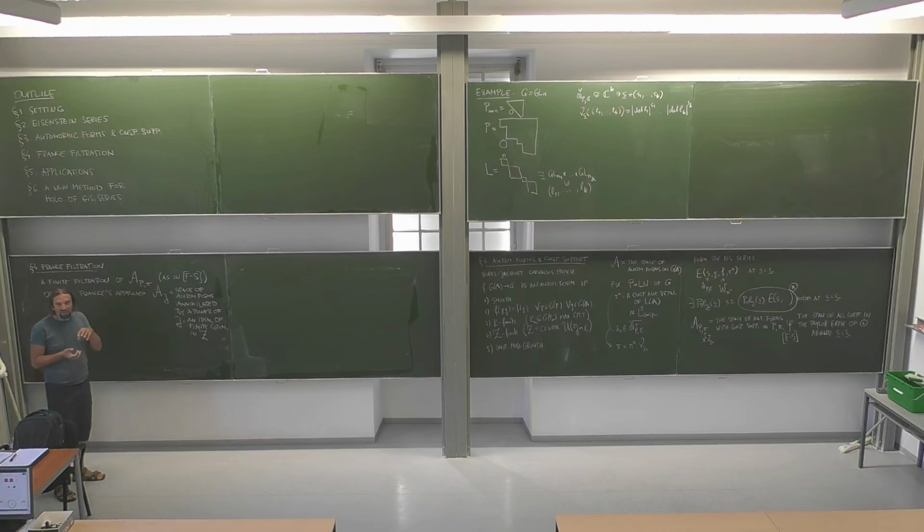But if you want to make explicit computations, so really use this fine structure of the Franke filtration, this is still too large. You don't have an explicit description of the filtration, and that's why we need to fix this cuspidal support. Okay, and then with the fixed cuspidal support, we can really do a very explicit description.